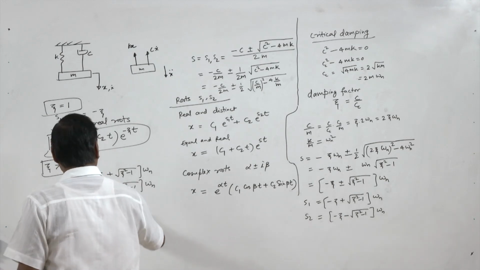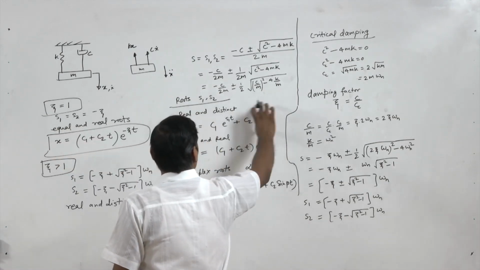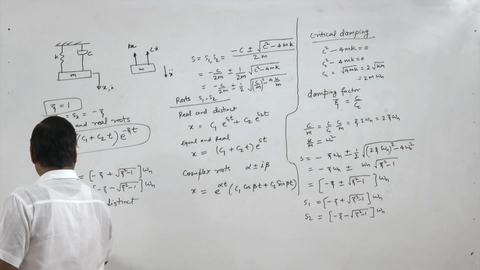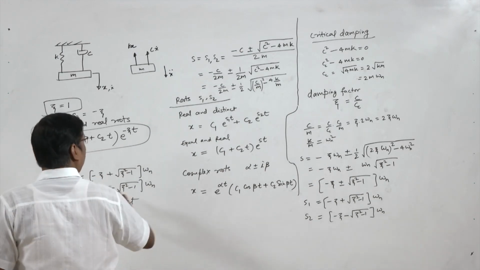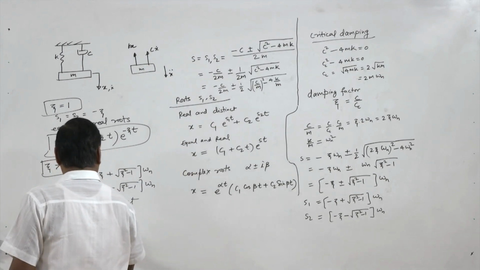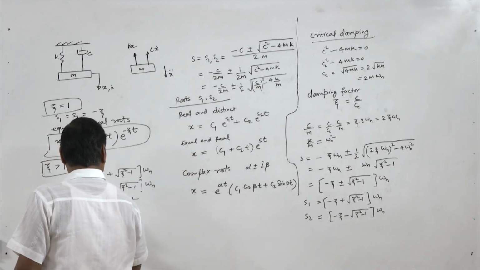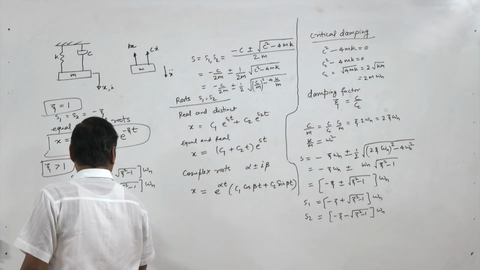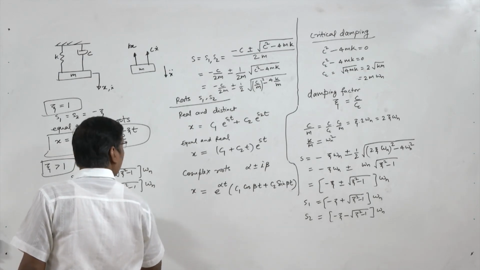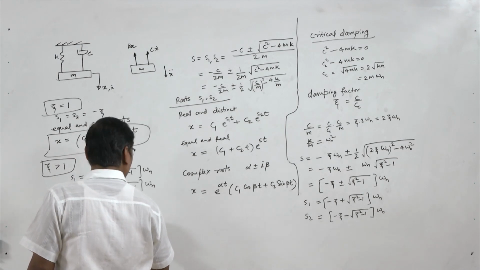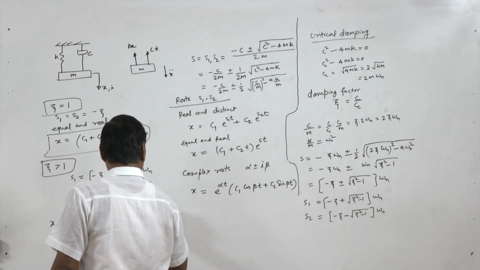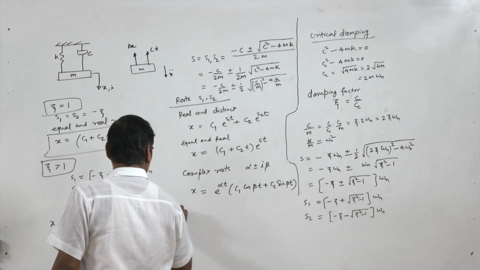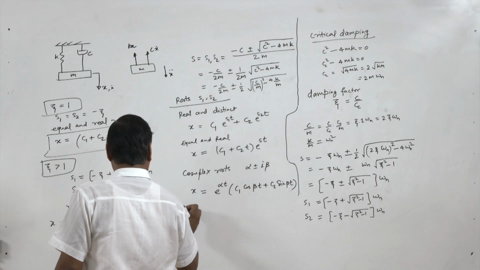So we will have this equation: x equal to C1 e power S1 t, so S1 is minus zeta plus root zeta square minus 1, plus C2 e power minus zeta minus root zeta square minus 1 t.